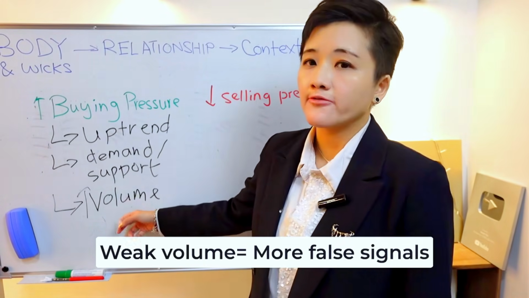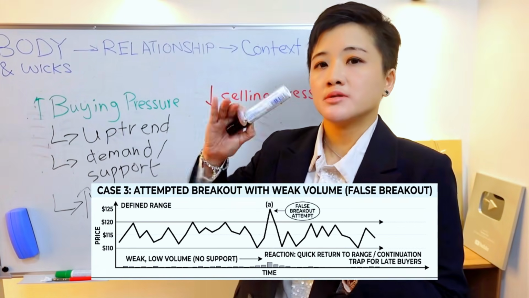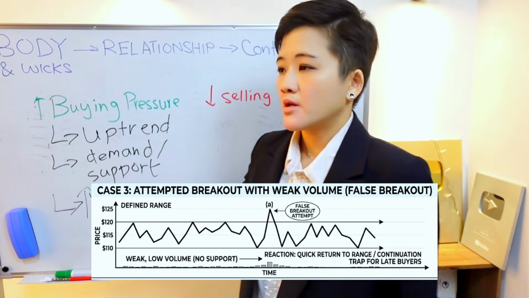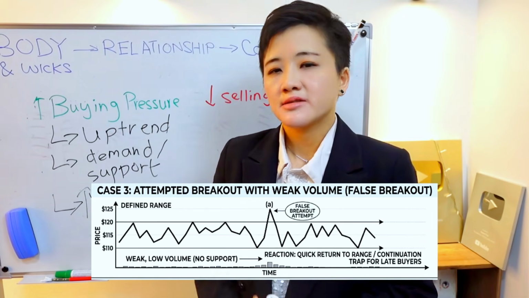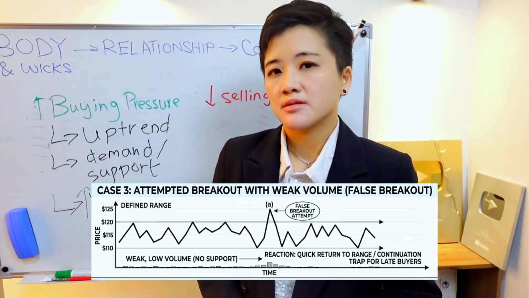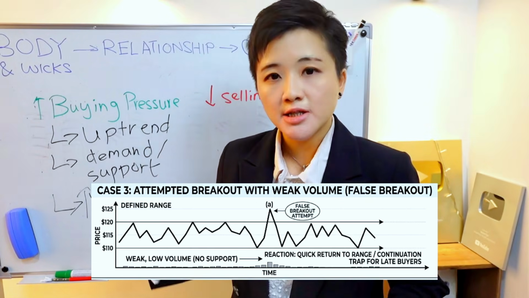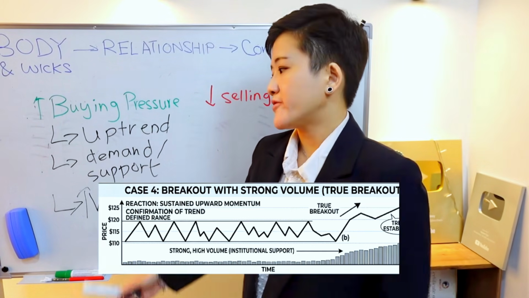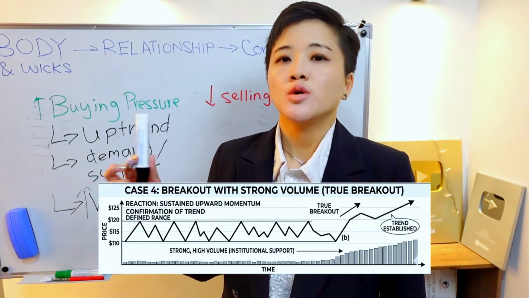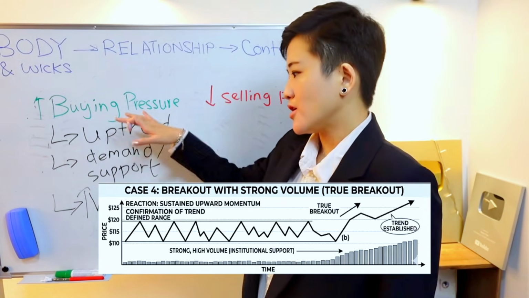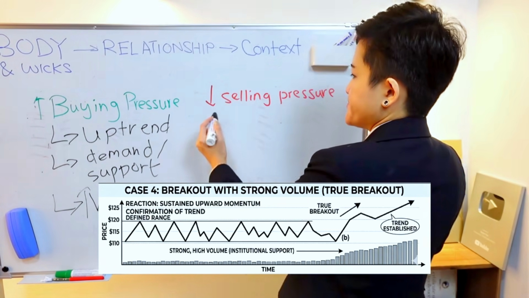This is very important. Volume. Even for breakouts, right? If there's a breakout with weak volume, chances are the breakout is going to be fake. If there's a breakout in chart patterns, in resistance, with high volume, chances are the breakout is going to work out, right? So you want all these things to be on your side.